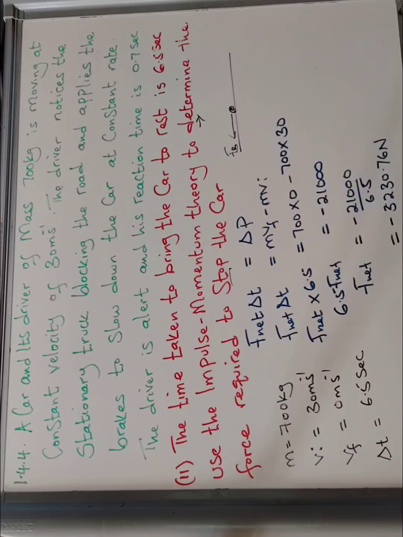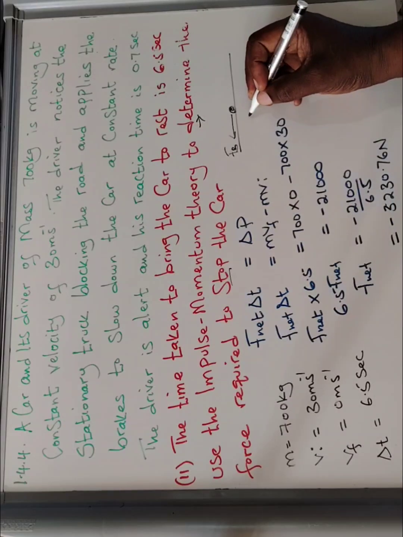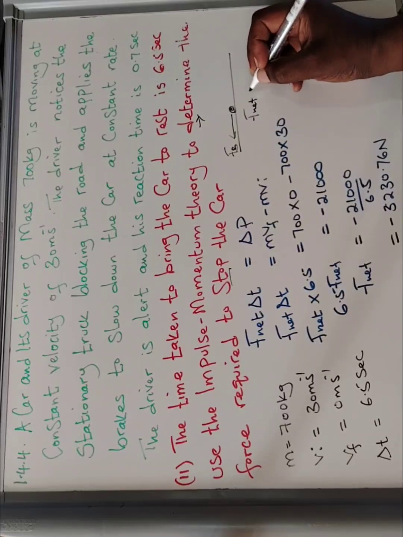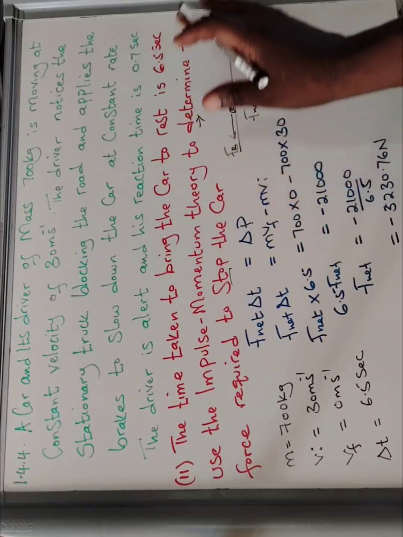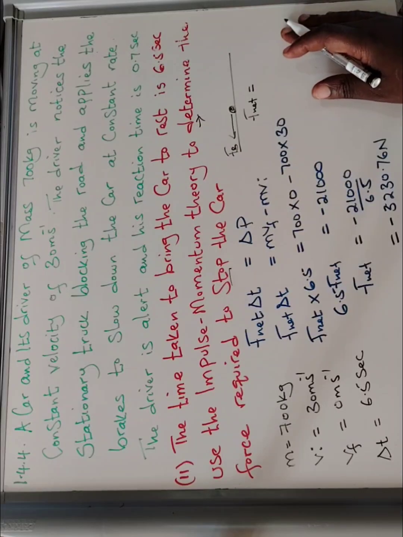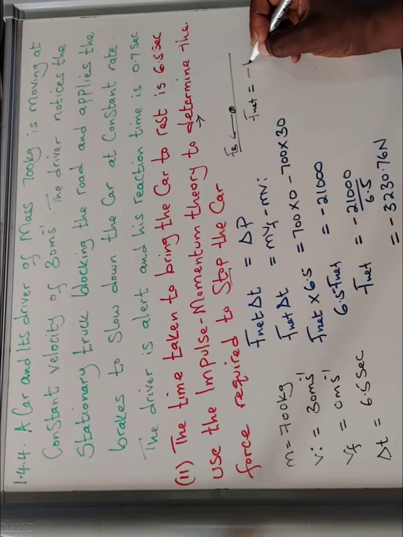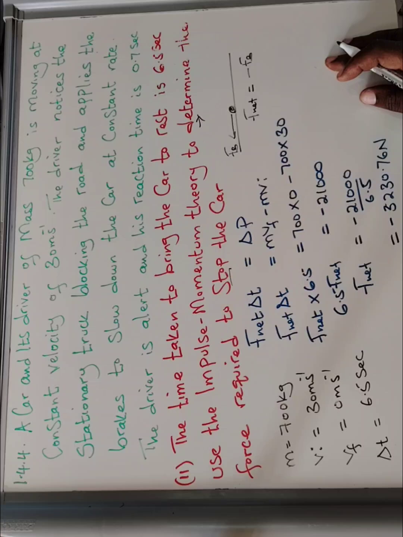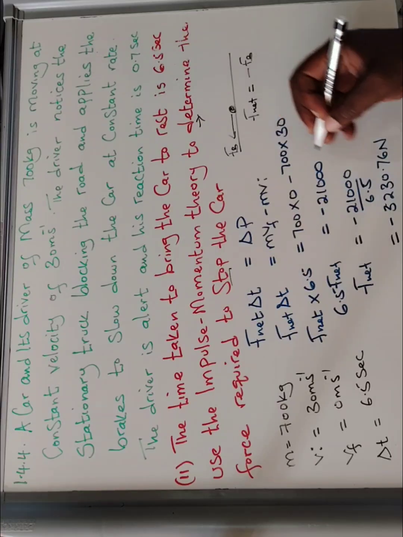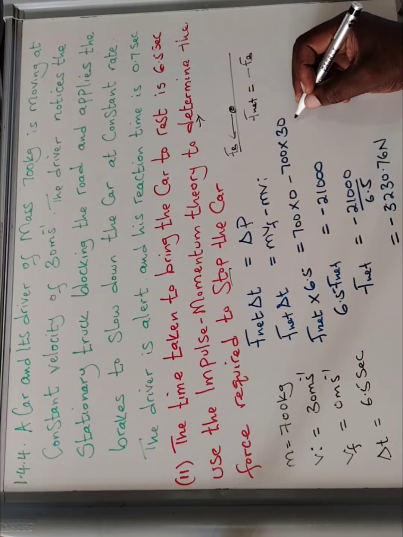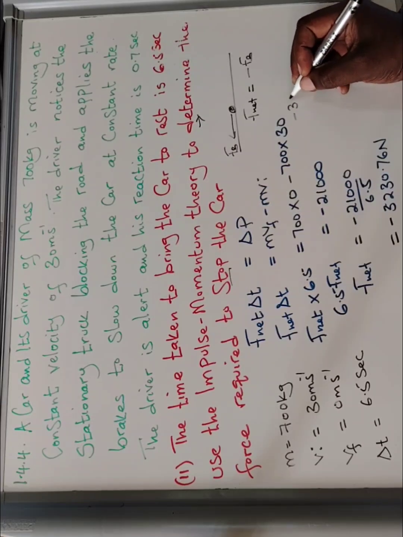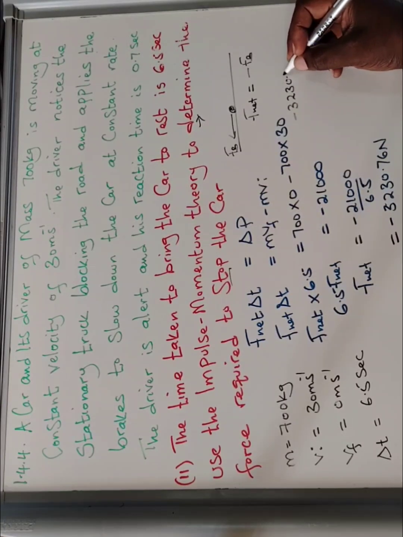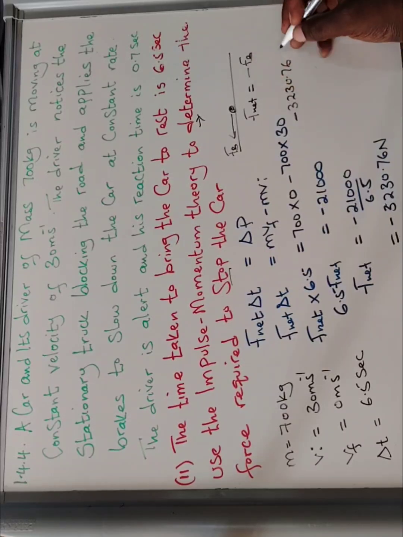Okay. And what do we know? We know that F net is equal to the algebraic sum of all the forces which are acting here. So here F net is going to be negative FB. So our F net is negative FB. So what are you going to say? You come here and say F net, which is negative 3,230.76, I'm substituting for F net, is equal to negative FB.